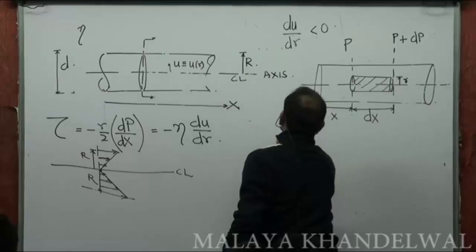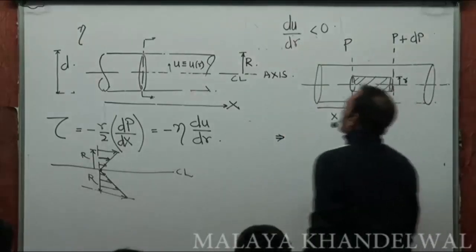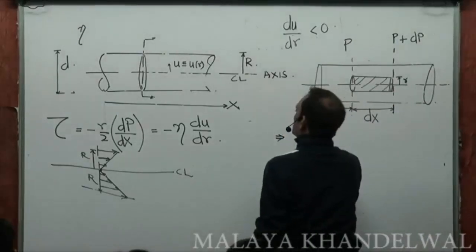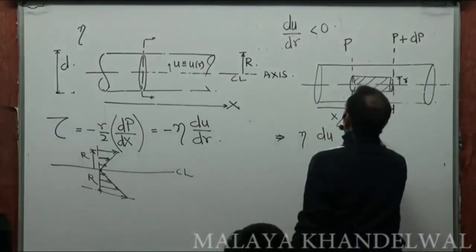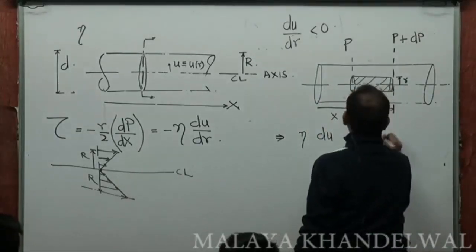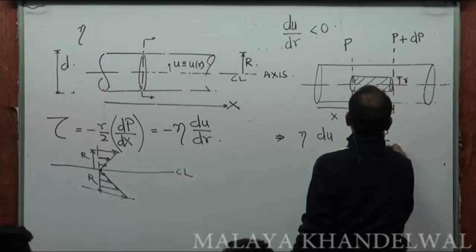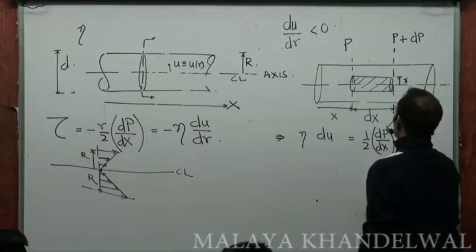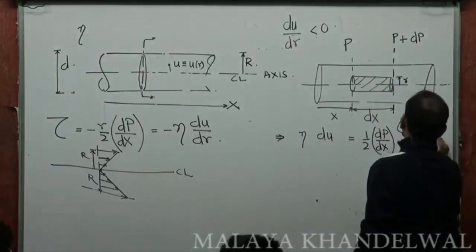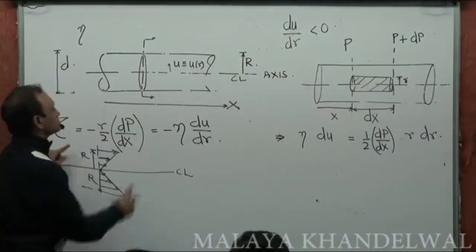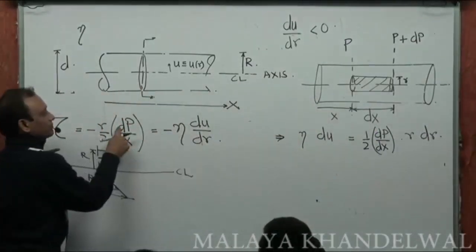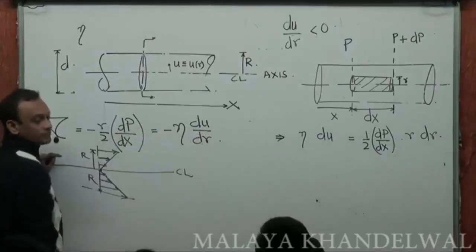Now this gives me eta du as half dp dx into r dr. Yes or no? Eta du, this dr brought there. That's what we have, right?